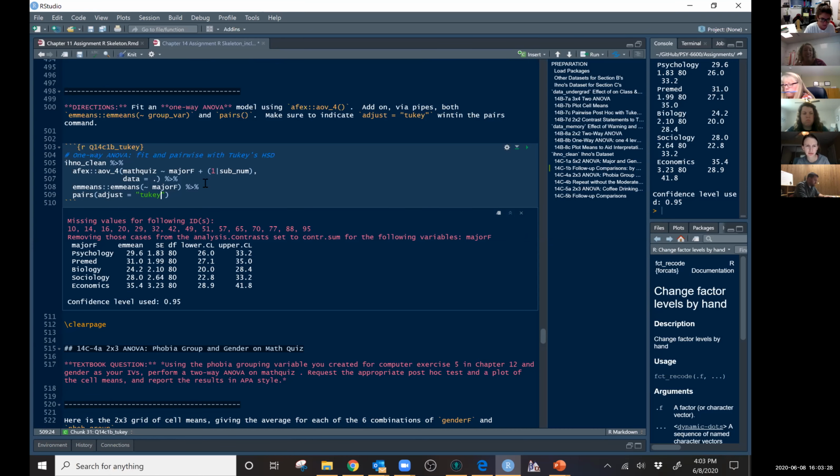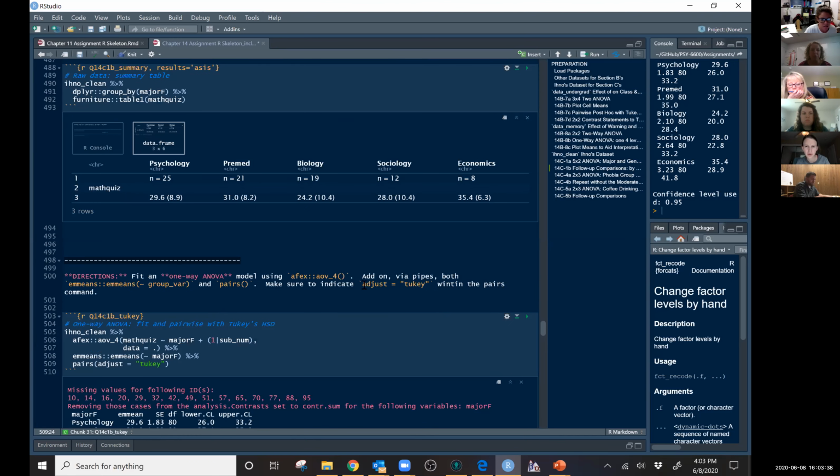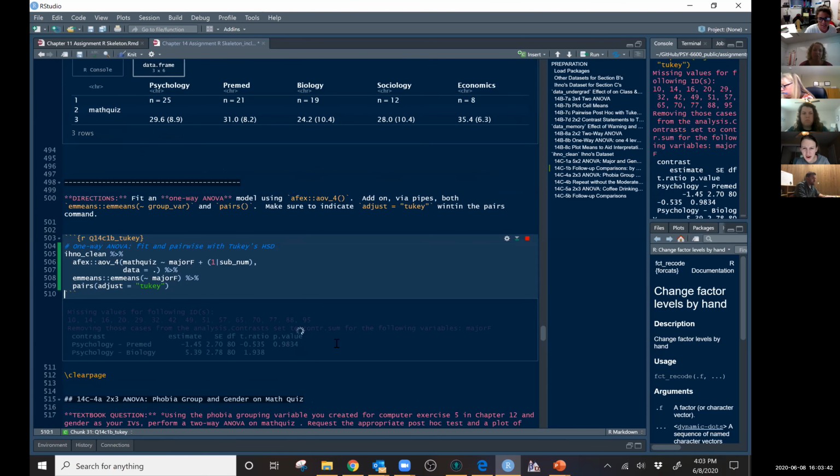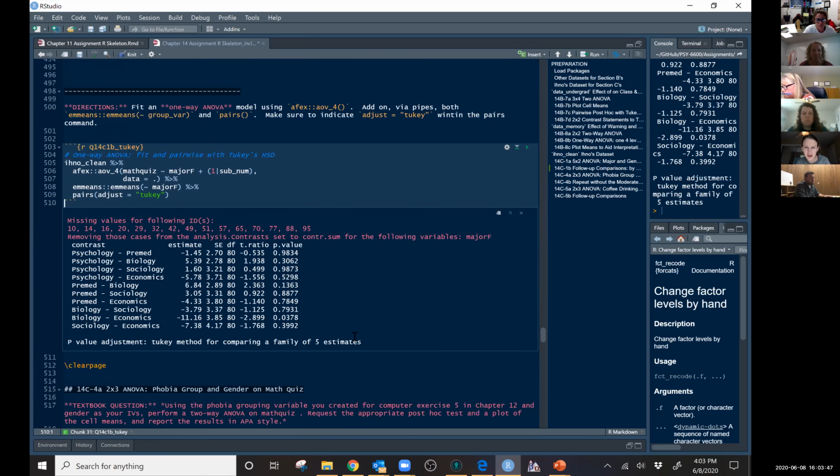Equal sample sizes. Oh, Kimberly remembered. Yes, equal group sizes. I learned that the hard way. Did our majors have equal group numbers? Not really. So I'm going to tell you to do Tukey's, but maybe we should have done Bonferroni. Definitely not Fisher's.